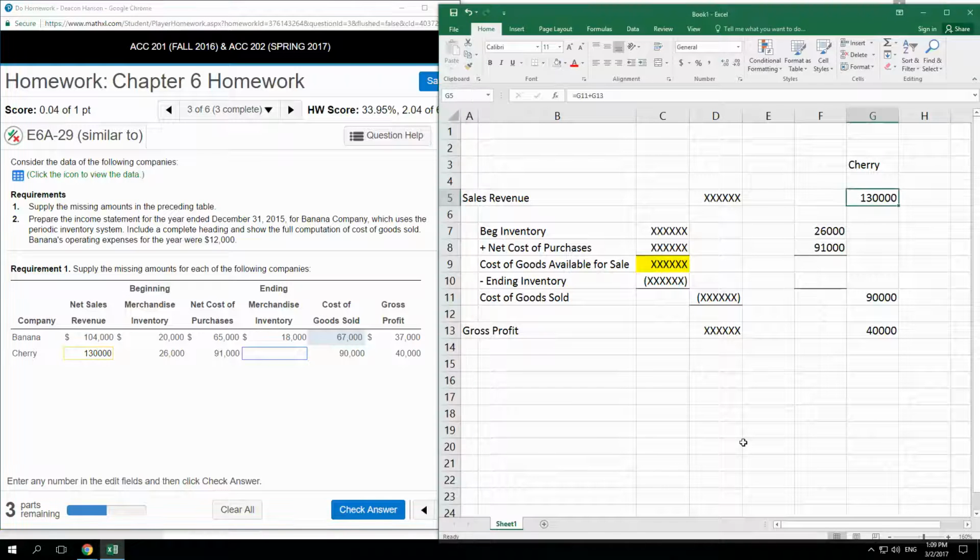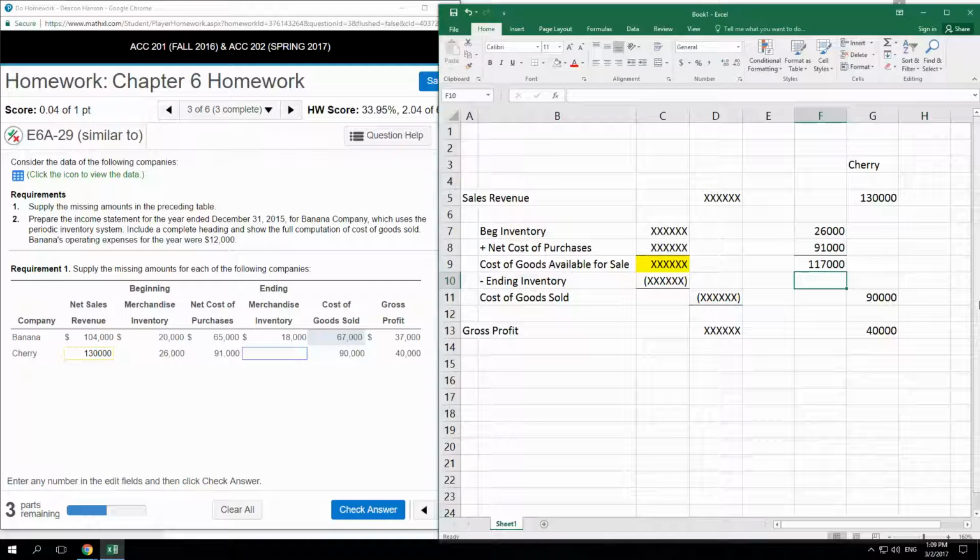All right. Now I only really have one missing piece. Remember that when we do this on our income statement, we always put this subtotal in. So I'm going to go ahead and figure out what my cost of goods available for sale is. 117,000. Okay.